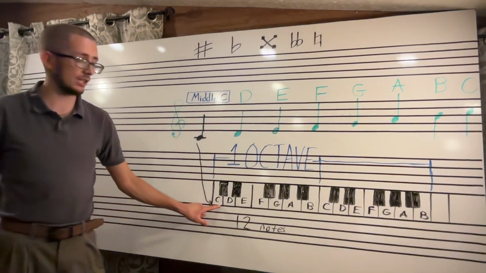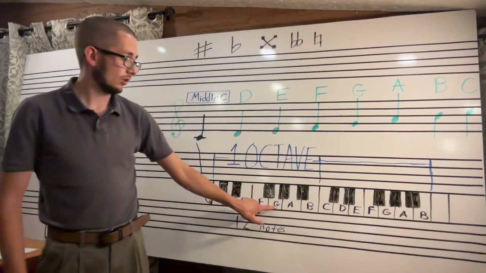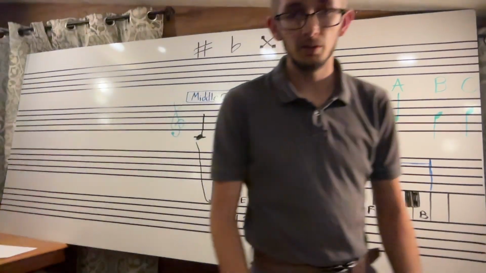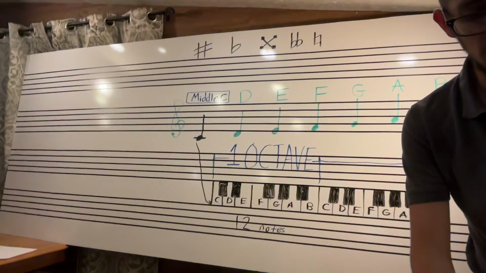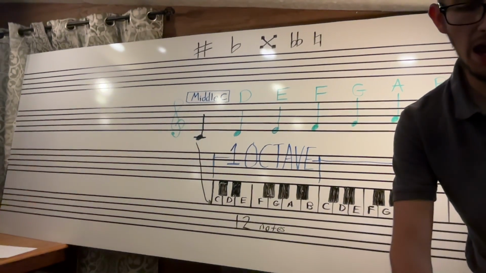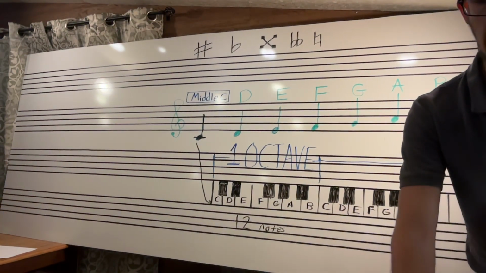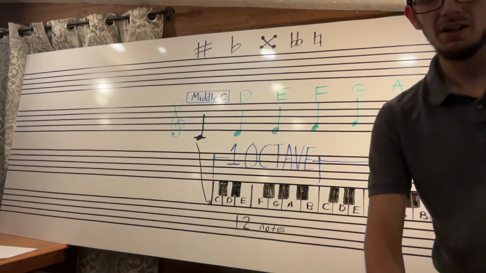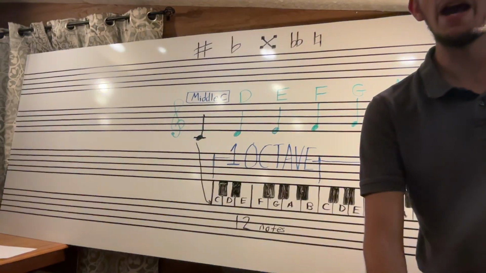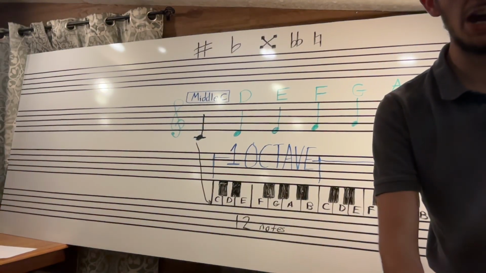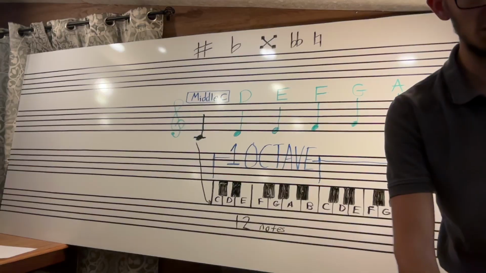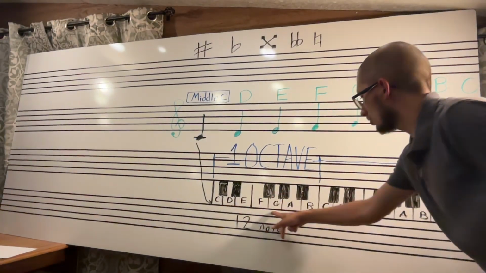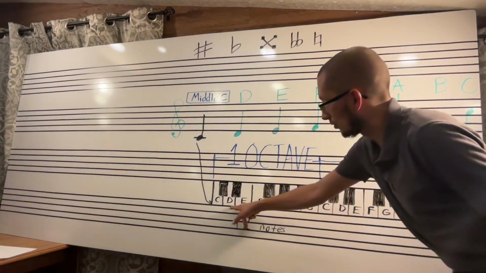I'm going to play each white key on the piano from C all the way up to this C right here. C, D, E, F, G, A, B, C. And then going back down, C, B, A, G, F, E, D, C. So I just played all these white pitches going up and then all these white pitches going back down.